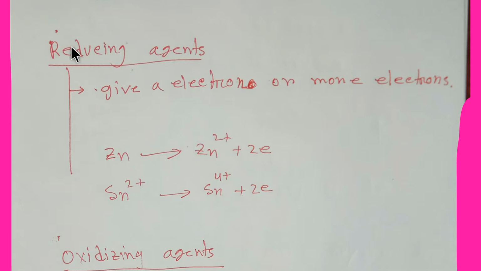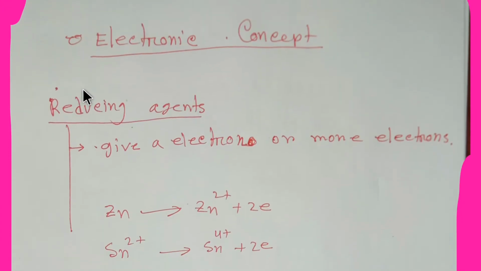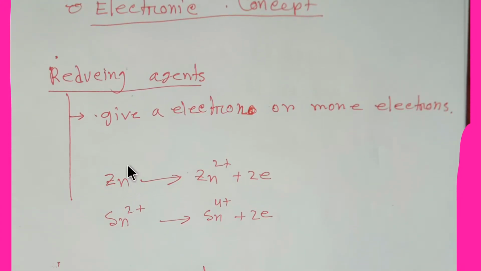So according to electronic concept, zinc here is a reducing agent, and here stannous ion, the oxidation state is 2 plus, but here the oxidation state of Sn is 4 plus. That is, Sn is releasing electrons. So here Sn is a reducing agent, right?